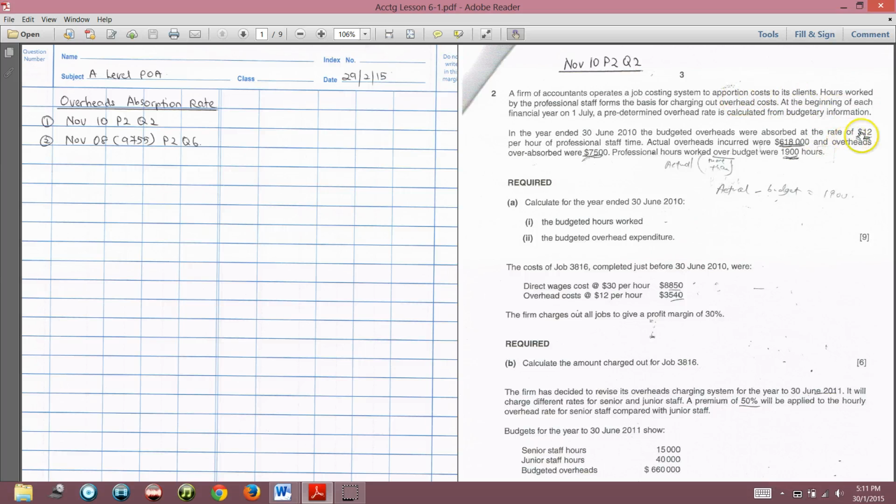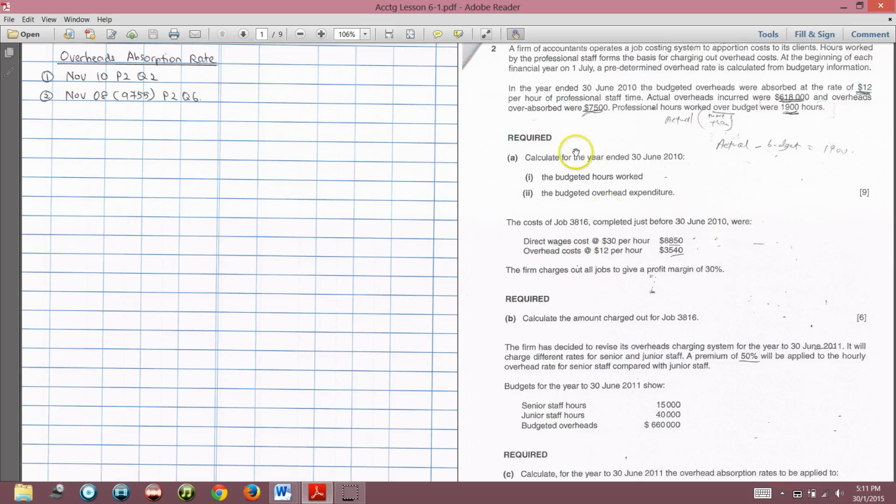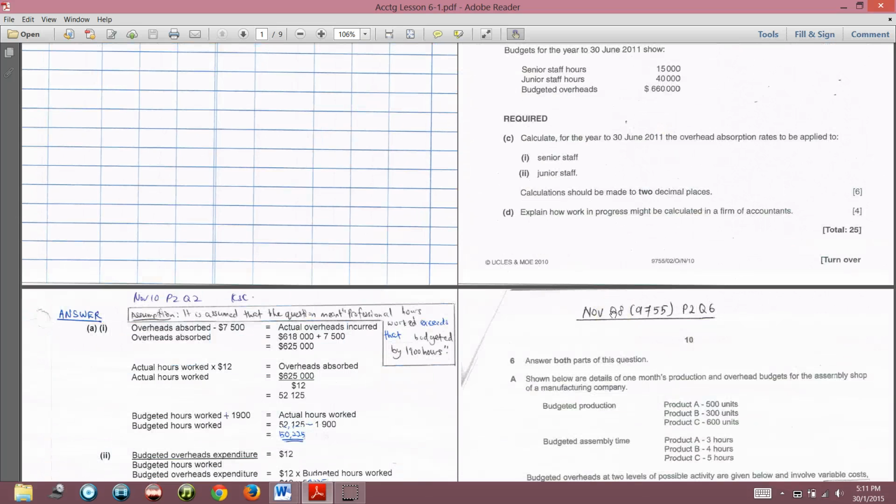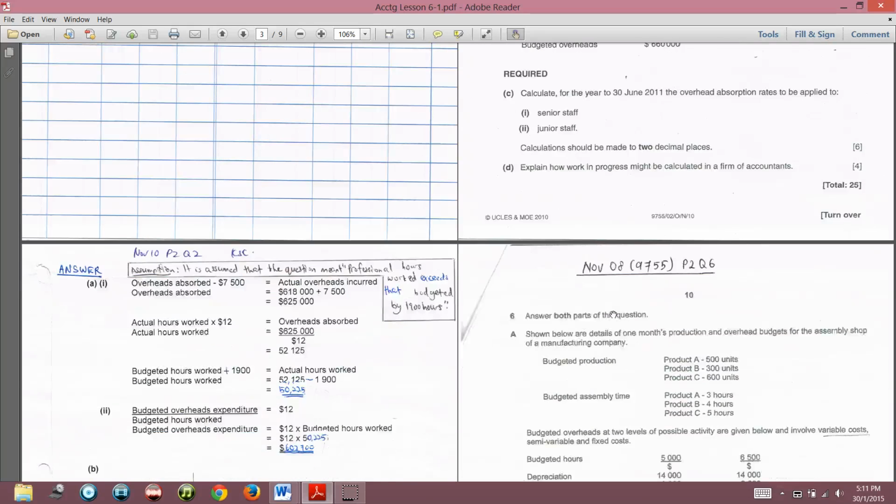So this $12 will be obtained. Now the question is asking you, calculate for the year ended 30 June 2010, the budgeted hours worked, the budgeted overhead expenditure. So actually, budgeted overhead expenditure divided by budgeted hours worked is $12.